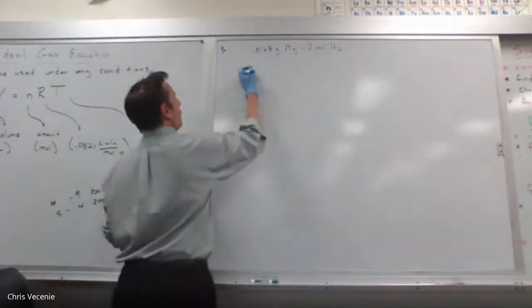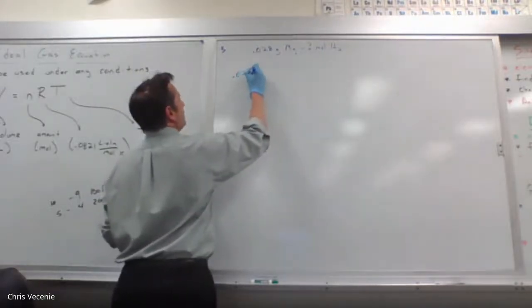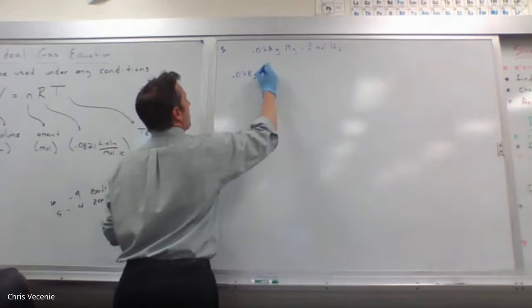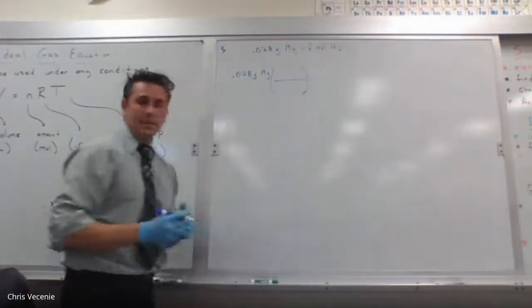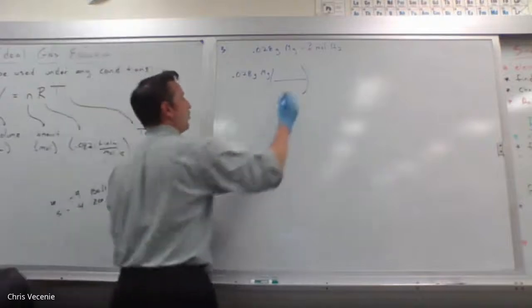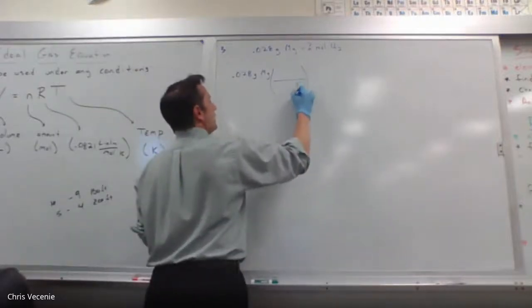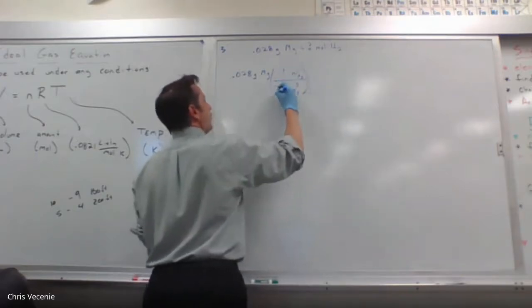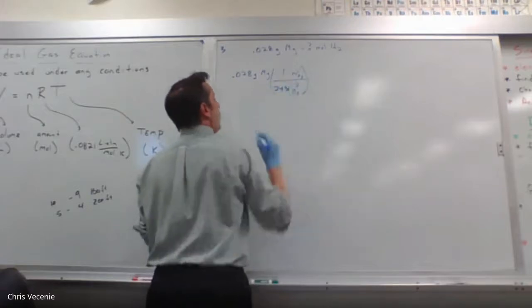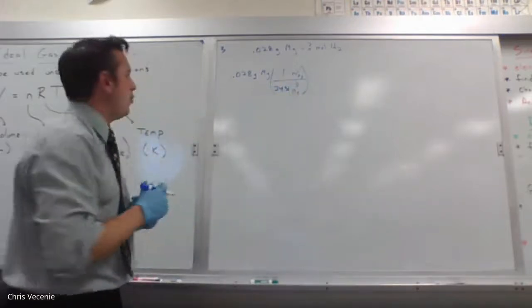Just like any bracket problem, start with what you're given. And the first thing we do as quickly as we can is get the thing into moles. So I'll put grams of Mg on the bottom, moles of Mg on top. One goes with moles. 24.31 from the periodic table goes with the grams.